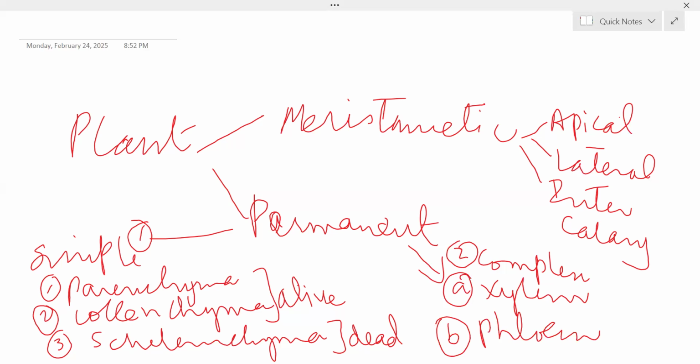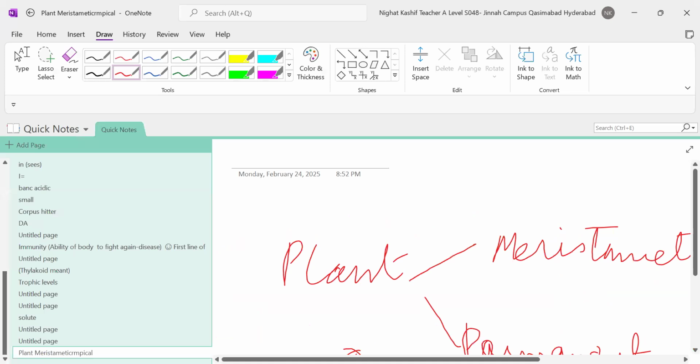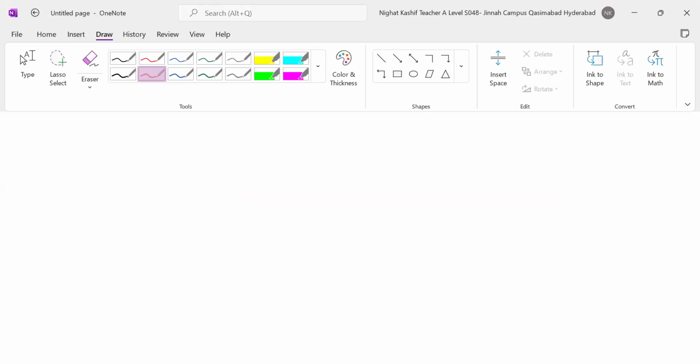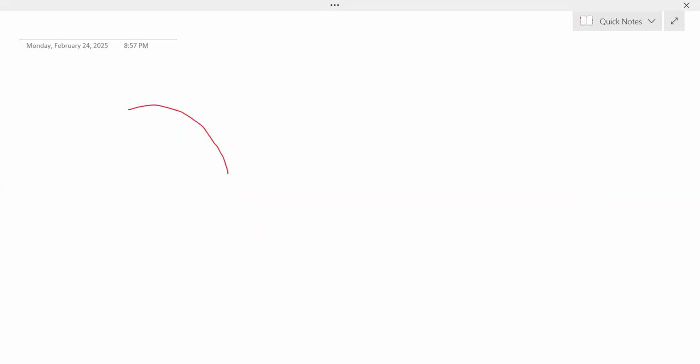When we talk about the distribution of vascular bundle and the arrangement of different tissues in the plant body, they are in this way. Now look at this. This is the TS of stem, dicot stem.